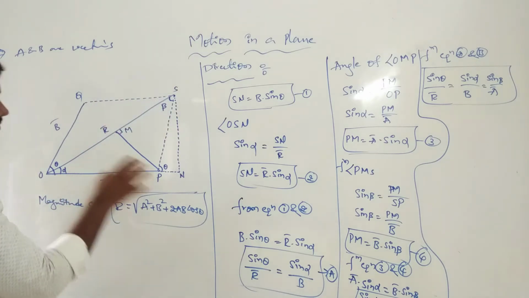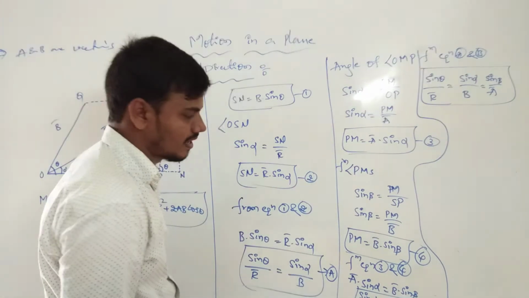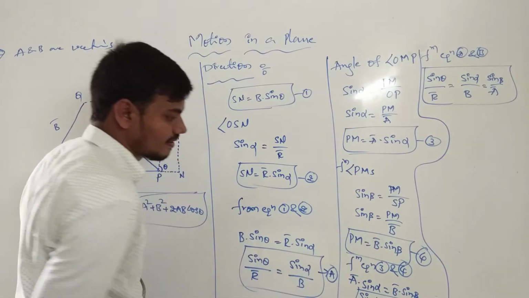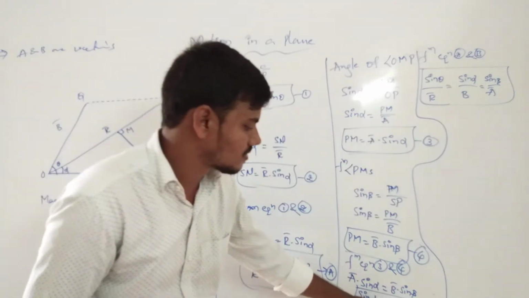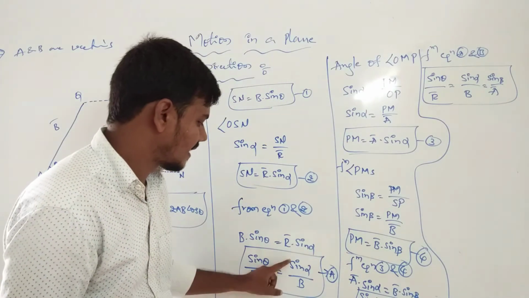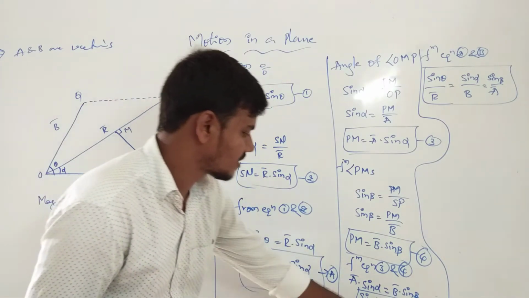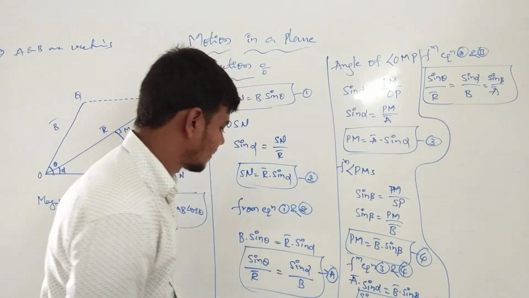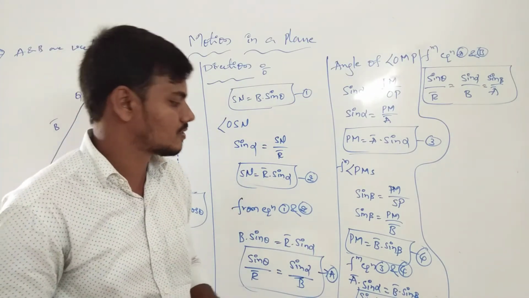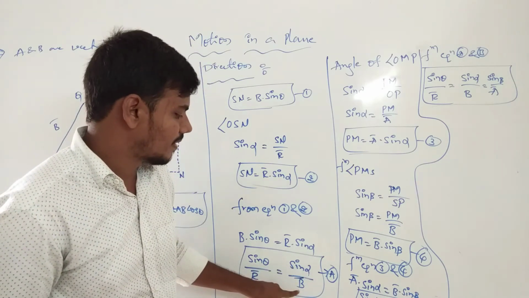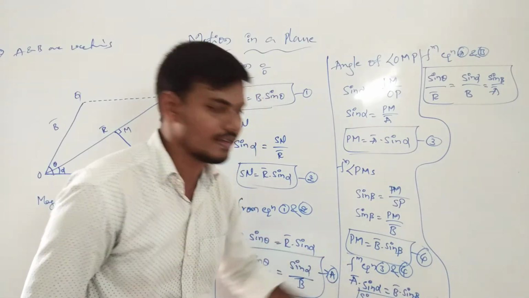From the first, PM is equal to A bar sin alpha. The second, B bar sin beta. Taking them mutually equal, sin alpha by B bar is equal to sin beta by A bar. So sin beta by R bar is equal to sin alpha by B bar is equal to sin beta by A bar.